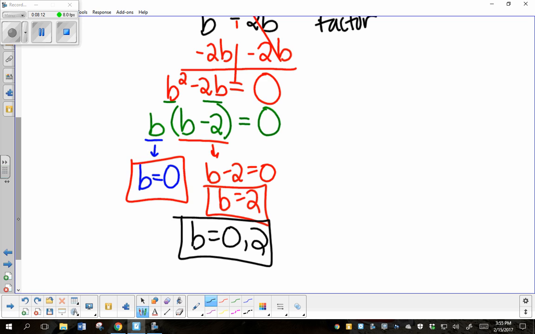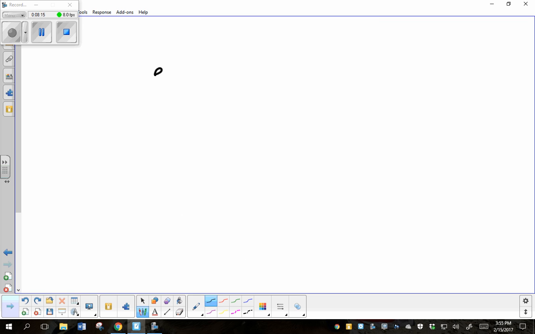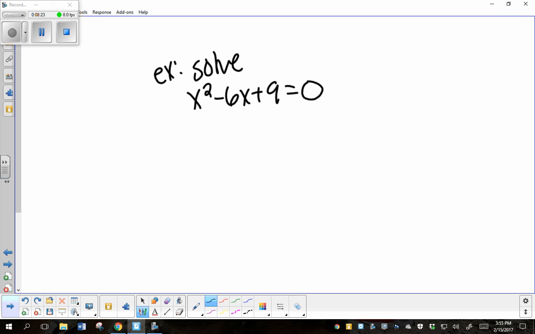All right, new example. So we are going to solve x squared minus 6x plus 9 equals 0. So this one's nice because it's already set equal to 0 for us. I think this one is a perfect square trinomial, isn't it?